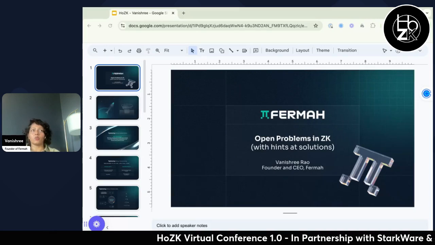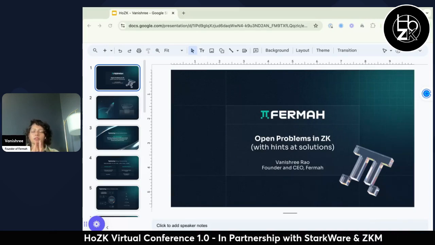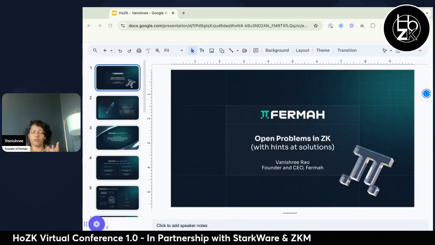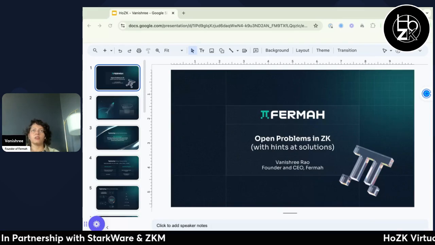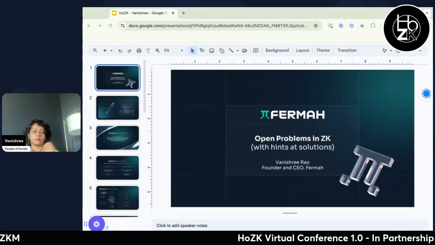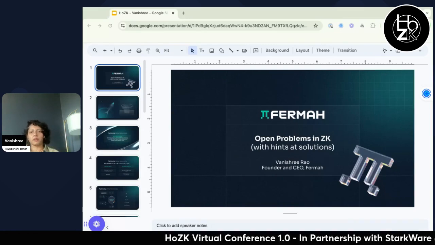One of the nuts and bolts, a little peripheral to proof system development and infrastructure development, is trusted setup.